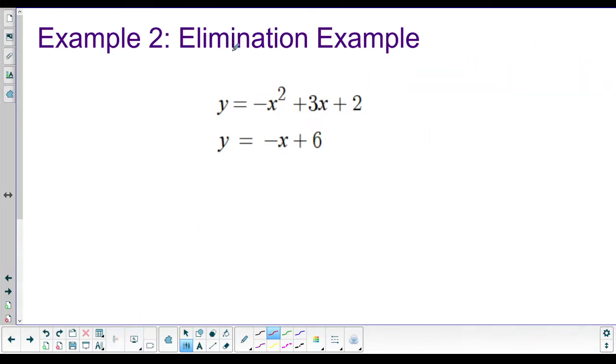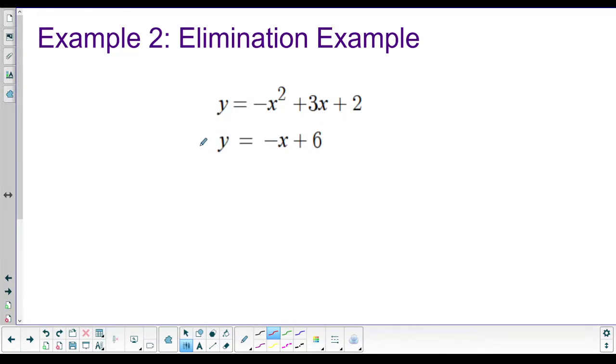So if you want to use elimination, let's pretend it's your favorite type of solving equations. To get this to work, you have to cancel out the variable where there's only a first power. If you try the x, it's impossible. So we're going to make our y's cancel. To do that, we're going to multiply one of these equations by negative 1 to change the sign.